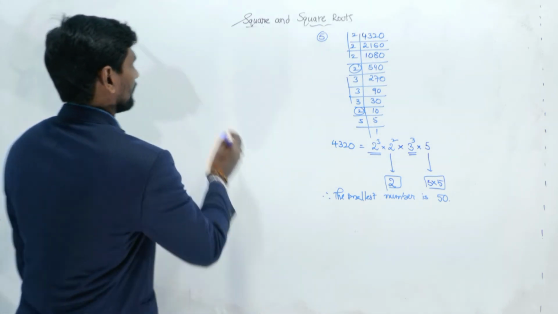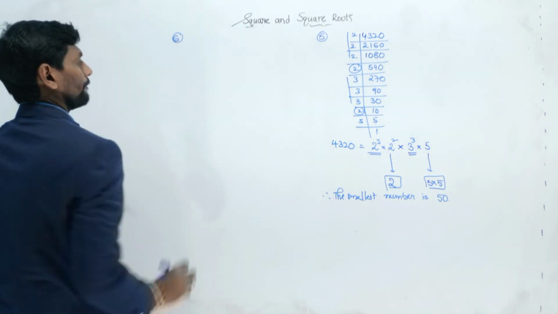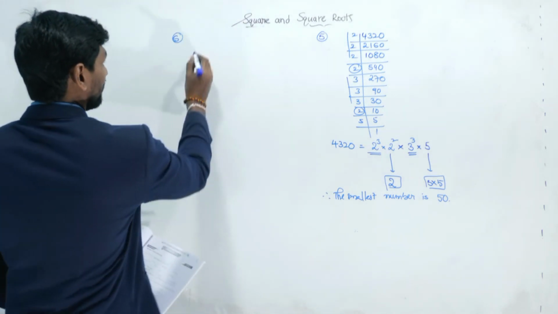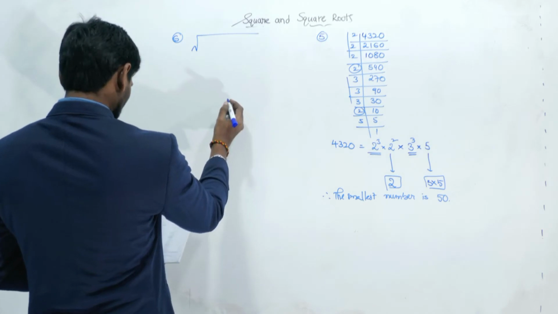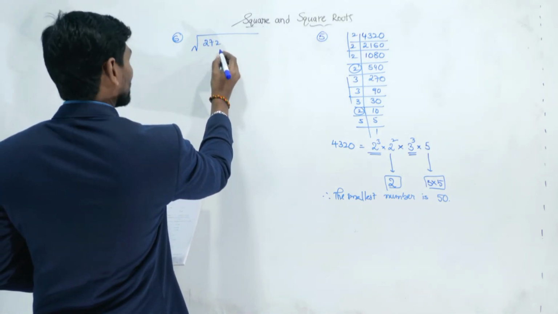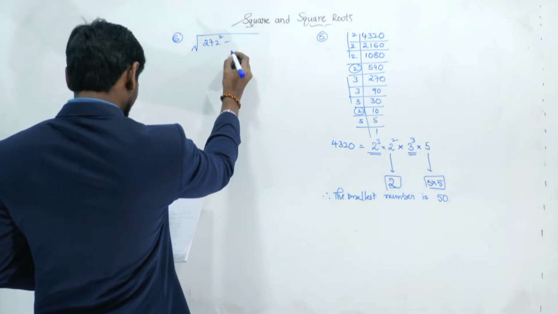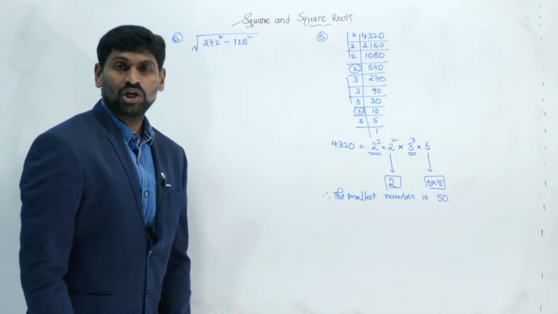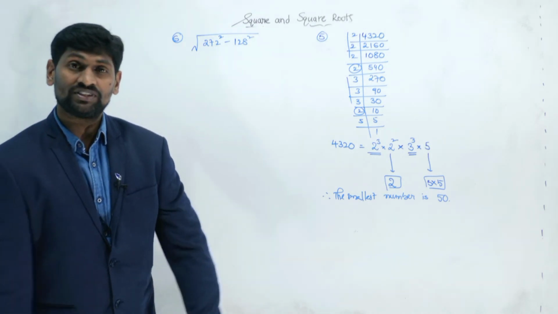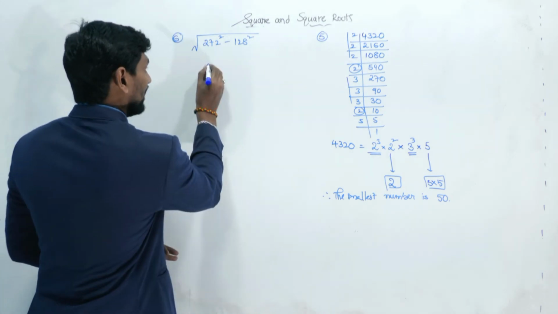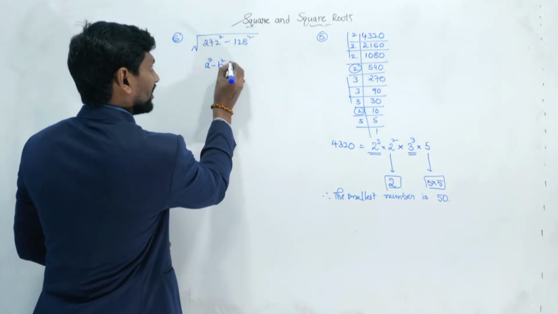Question number 6. Find the square root of 272 square minus 128 square. Now we are applying one of the algebraic identities, that is a square minus b square.